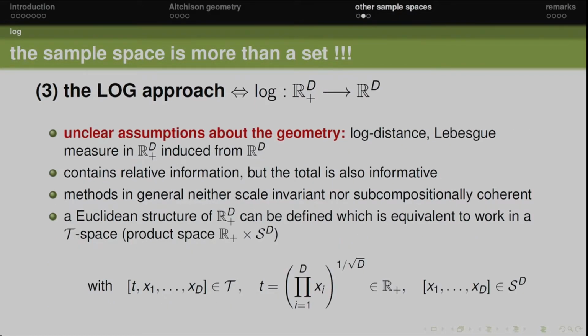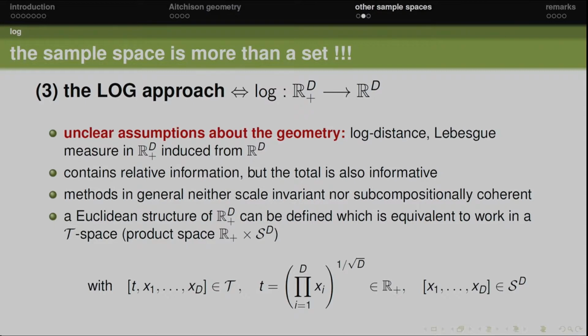Another frequent approach is the logarithmic approach. It is usually considered directly as a subset of the real space with the induced measure and geometry.